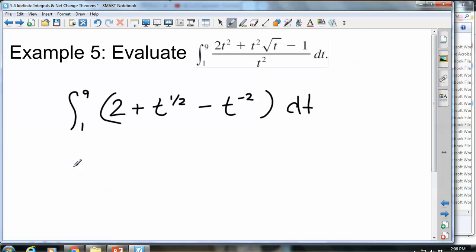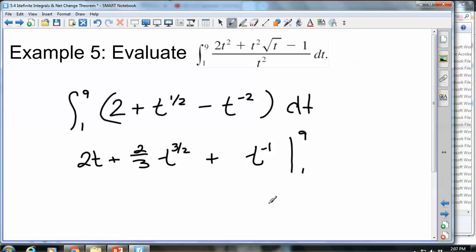So then add 1 to your power, so the antiderivative of 2 would be 2t. T to the 1/2, if you add 1 to your power, you get 3/2, so it gets a 2/3 in front. T to the negative 2, if you add 1 to your power, you get a -1, so you just need a negative in front.